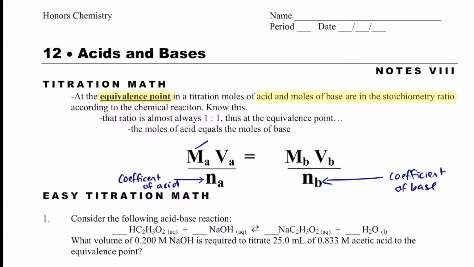MA is the molarity of your acid, and MB is the molarity of your base. VA is the volume of your acid, and VA and VB need to be in the same unit for the math to work out.